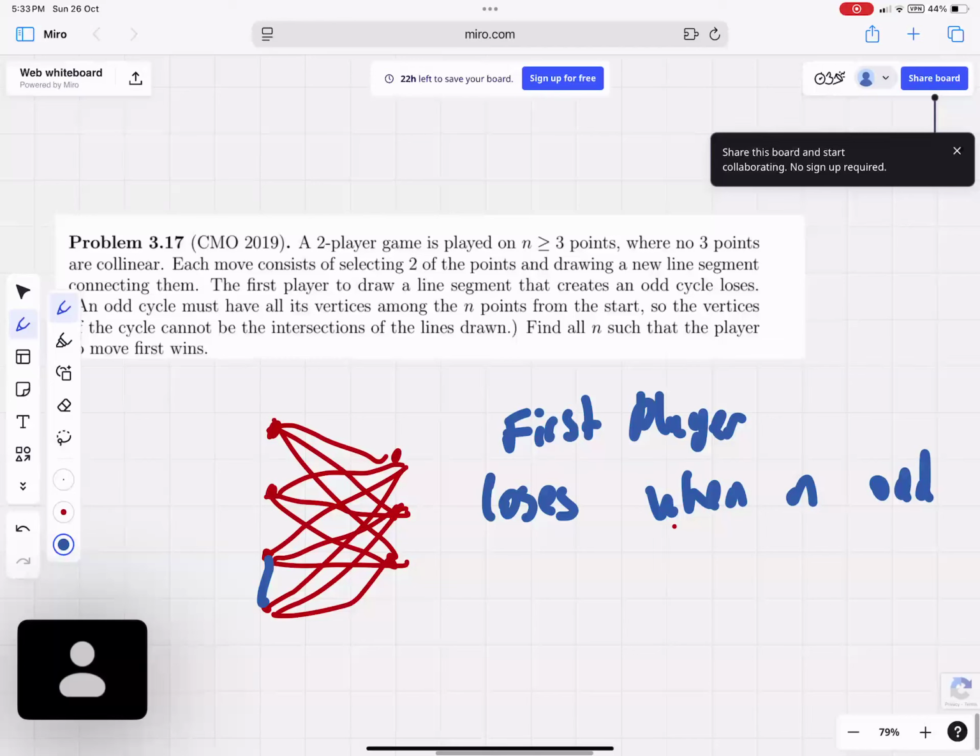The thing is, the players want to force how the bipartite graph looks like.